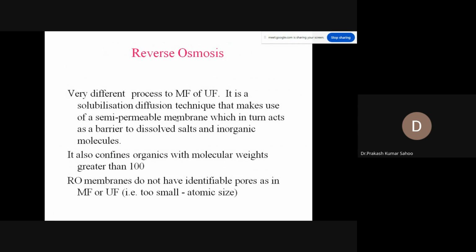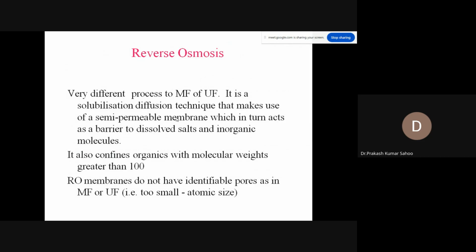This reverse osmosis, or RO in short, is used in all the water purifiers in our homes and various places, like Aquaguard, Kent, Pureit, and the different water purifier companies.